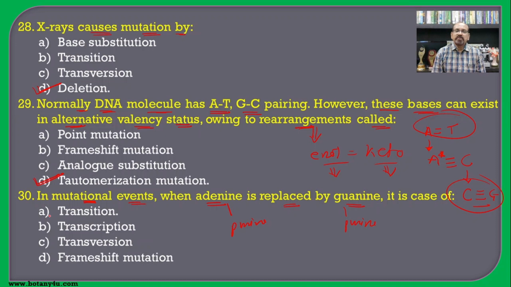So when a purine is replaced by a purine, or a pyrimidine is replaced by a pyrimidine, that is thymine and cytosine, and vice versa, meaning adenine may be replaced by guanine, or guanine by adenine, or thymine by cytosine, or cytosine by thymine, in all these cases it is known as transition mutation.